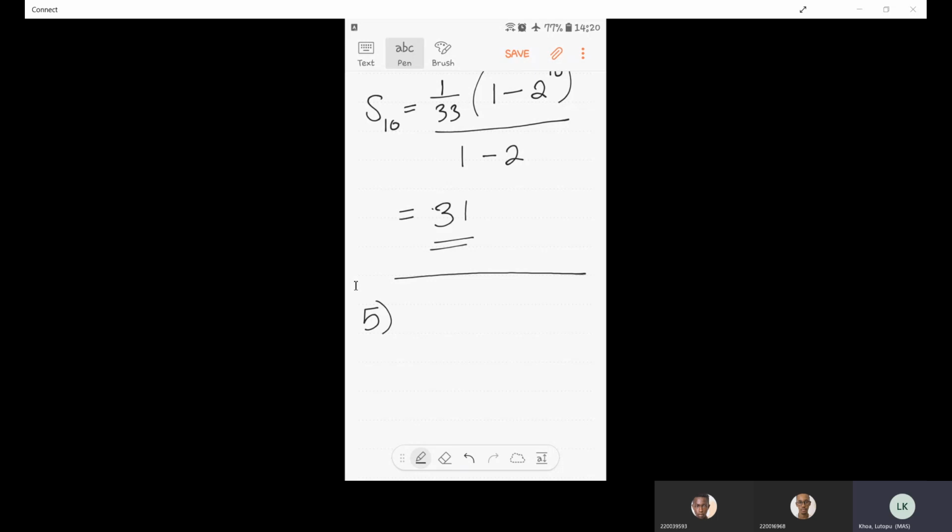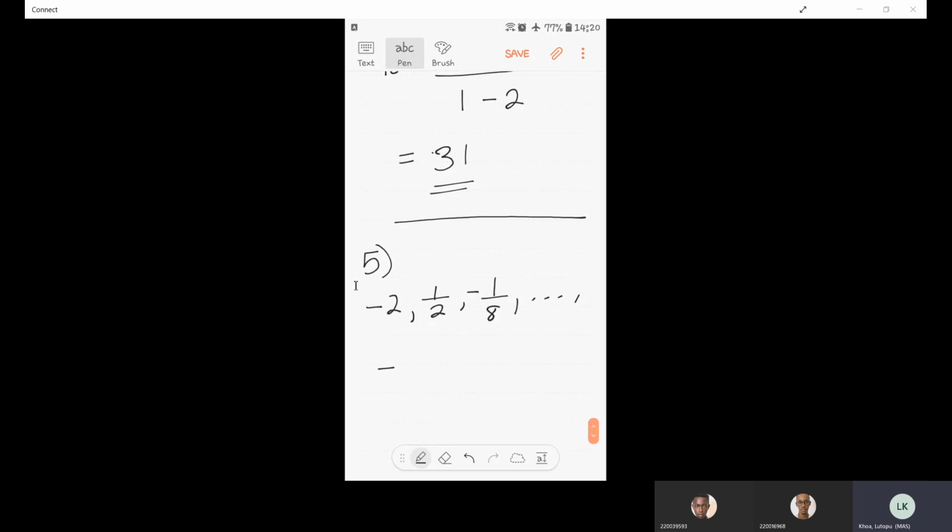We are given a sequence, negative 2, a half, negative 1 over 8, and then it continues until we get to negative 1 over 32,768.